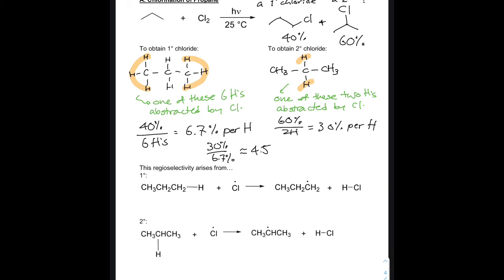The reason we have to consider how many secondary and primary hydrogens we have in the molecule is because the more hydrogens you have that could give you that product, the higher the chance of that product being formed. So we had to consider the number of hydrogens for each type, right? So this ratio, 4.5, is the relative selectivity.